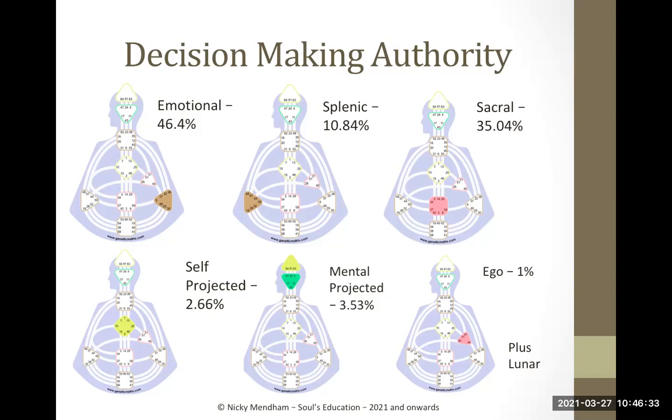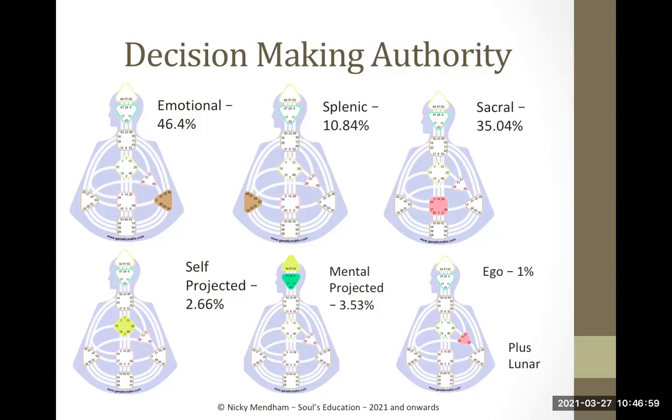And then we also have the mental projected, which works for 3.53% of the population. And they're very open in their decision making. So yes, there is a mental process that goes with this, but it's also about making sure that the body feels safe. It's always about, does this feel safe? Is this the right time? Am I willing to do this?